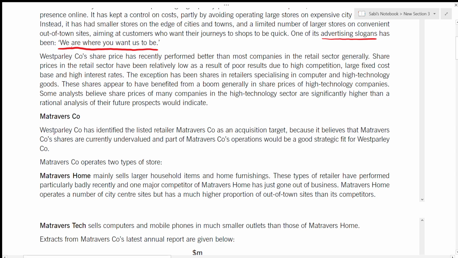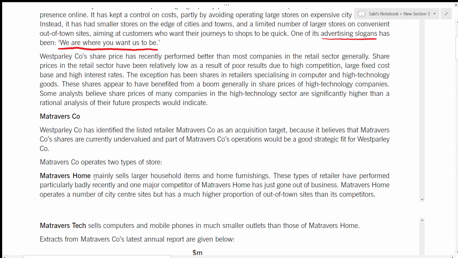West Parley Company has identified the listed retailer as an acquisition target because it believes that Matt Rivers Company shares are currently undervalued, and part of Matt Rivers Company's operations would be a good strategic fit for West Parley Company. They operate two types of store. One is Matt Rivers Home and the other one is Matt Rivers Tech, right?